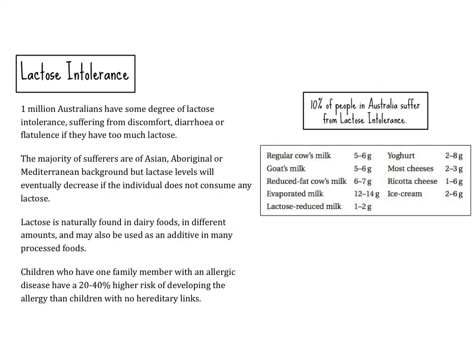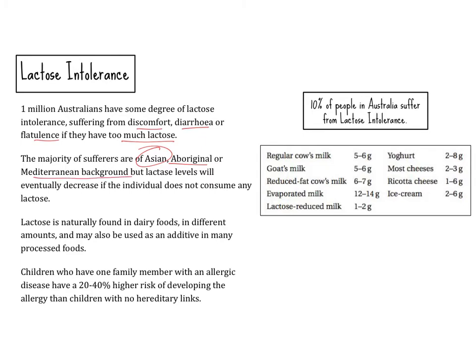1 million Australians have some degree of lactose intolerance, suffering from discomfort, diarrhea, or flatulence if they have too much lactose. The majority of sufferers are of certain cultural descents, mainly Asian or Aboriginal and Torres Strait Islander or of Mediterranean background.